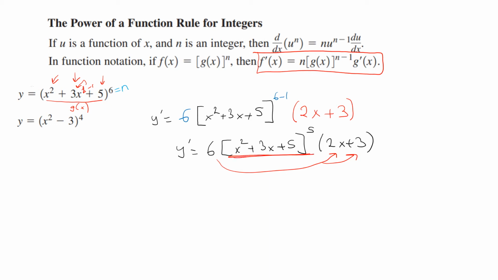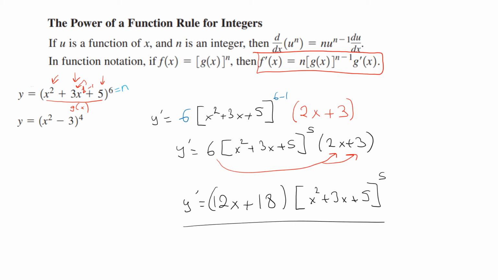You can't just multiply it because it has to the power of 5. So I can say y prime will equal (12x plus 18)(x squared plus 3x plus 5) to the power of 5. So you can keep it like this. It's probably not going to ask you to expand further. So that is fine though.